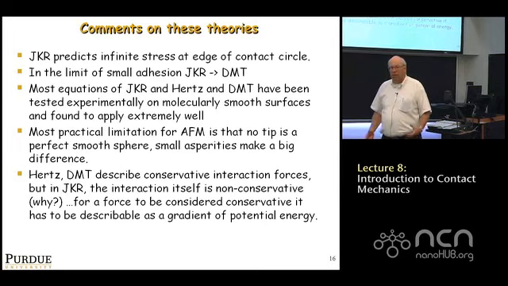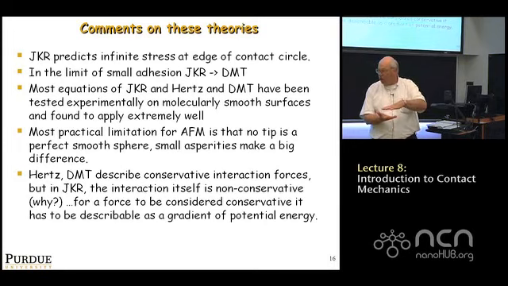So, for instance, I know JKR has taken rubber balls, centimeters in diameter, and pressed those balls between glass plates and looked with an optical telescope at the contact radius of the ball with respect to the plate, because you can measure it experimentally, right? And they can verify their model in terms of these very nice experiments.